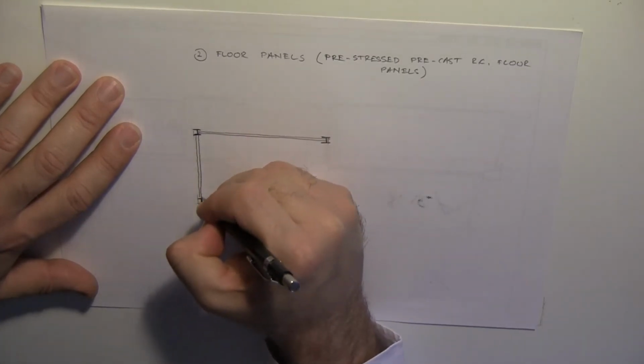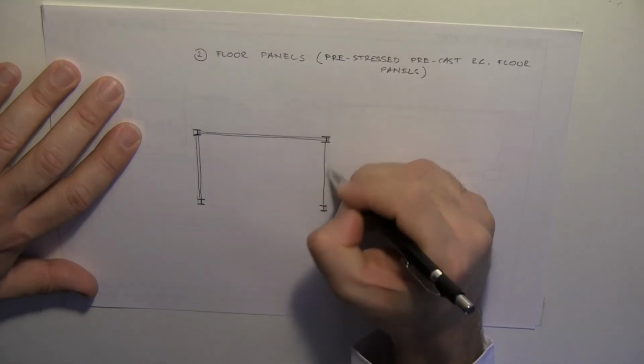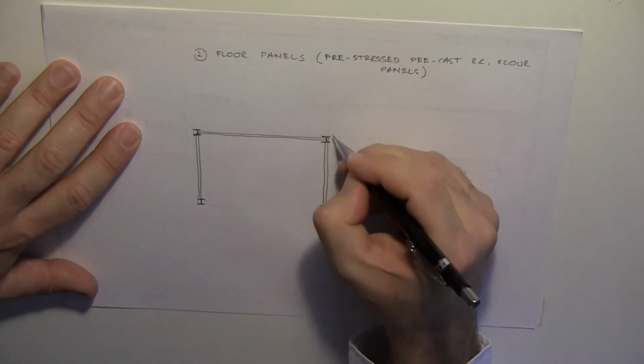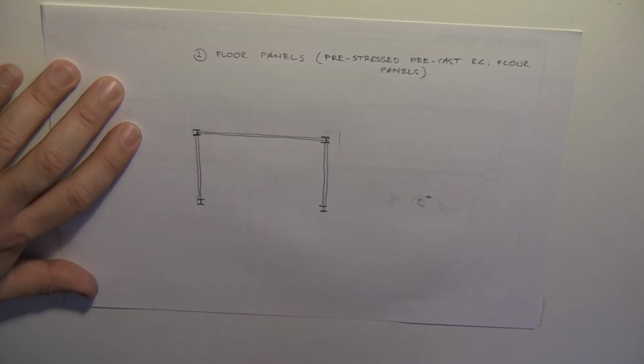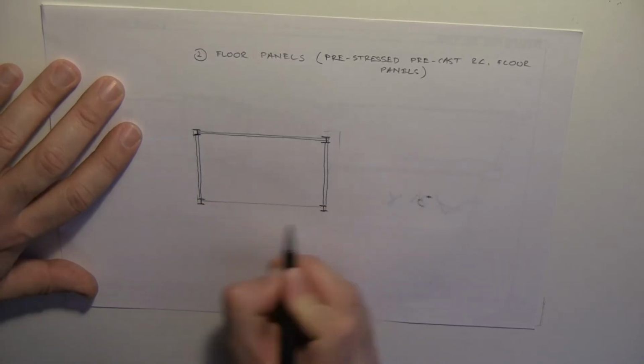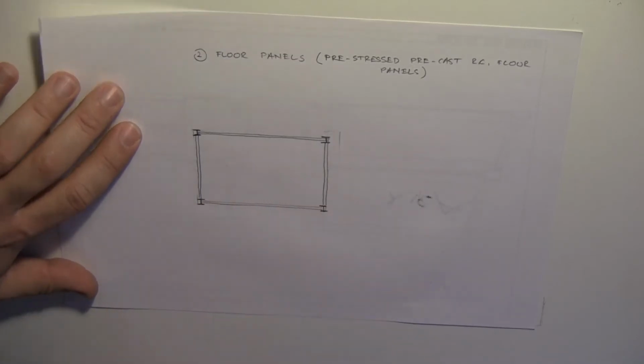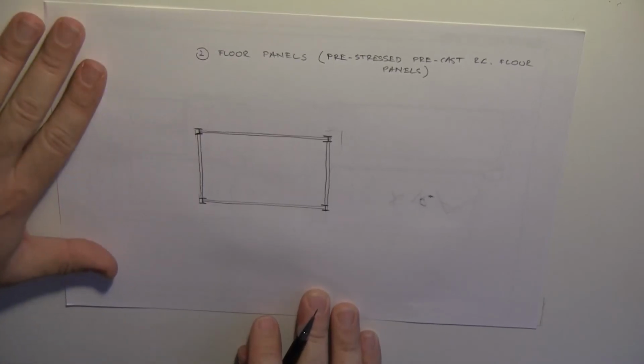Of course we do not leave it like that. We extend the floor to somewhere there usually. But that's the subject of a later stage, I guess, so I'm not going to explain it today.